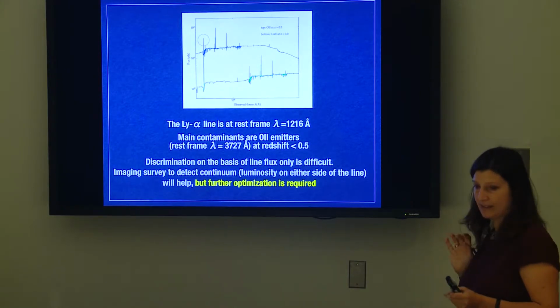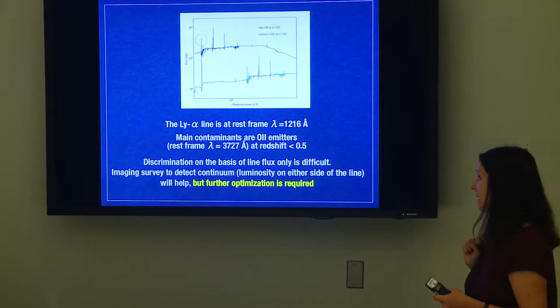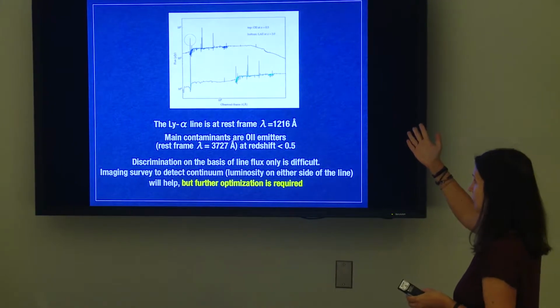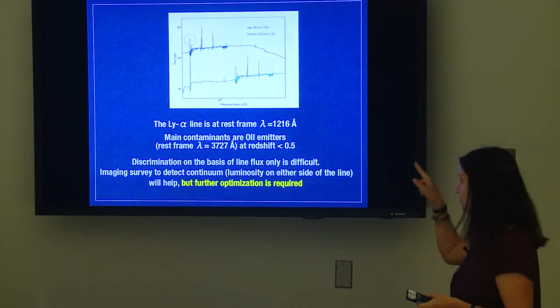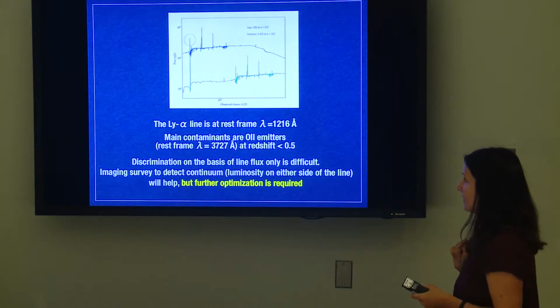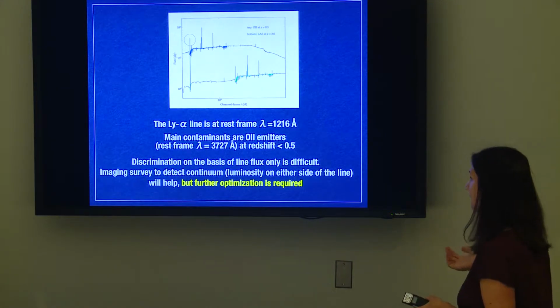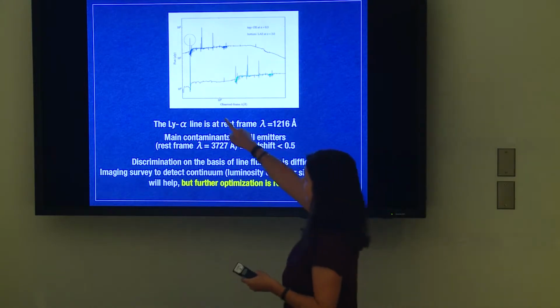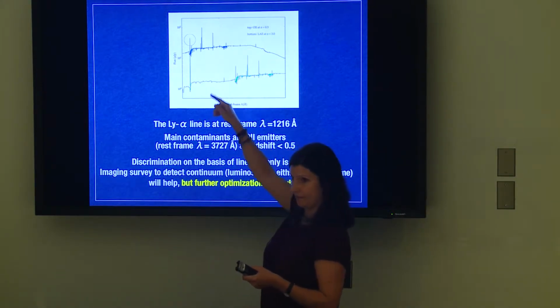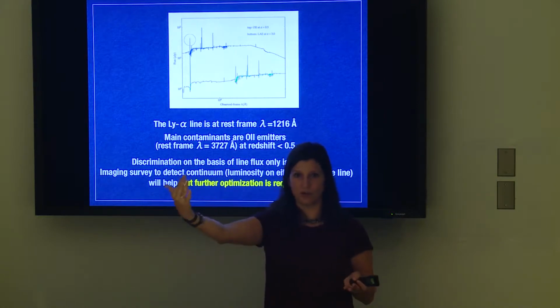So the first thing that we did: one pretty dramatic difference between these two spectra is the level of the continuum. Galaxies that are far away are also less bright just because they are far away.